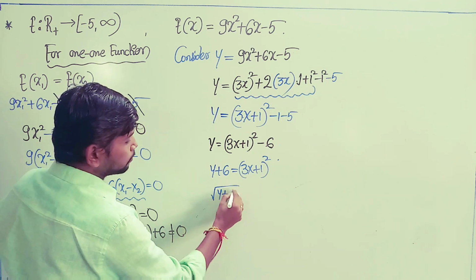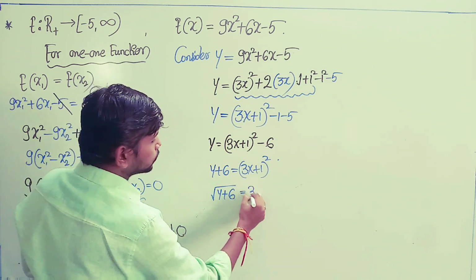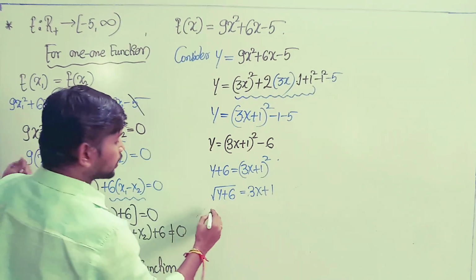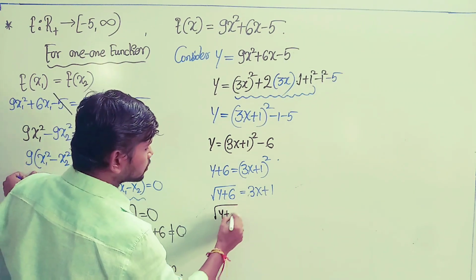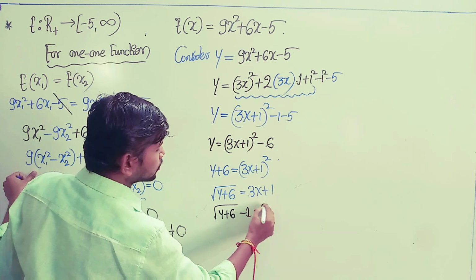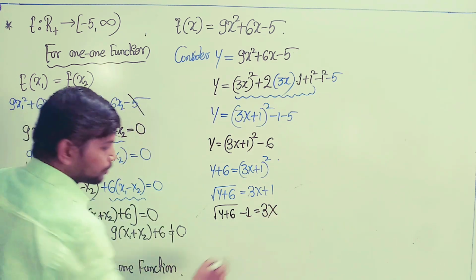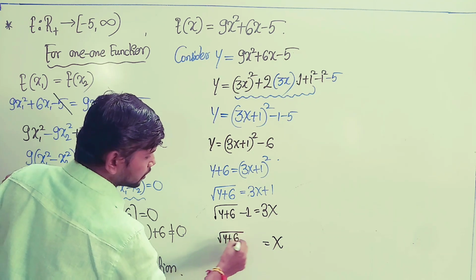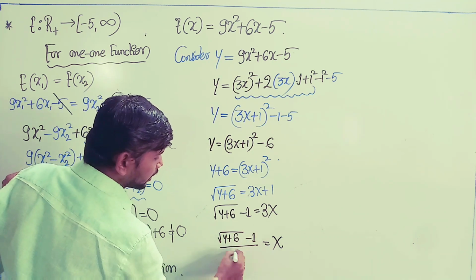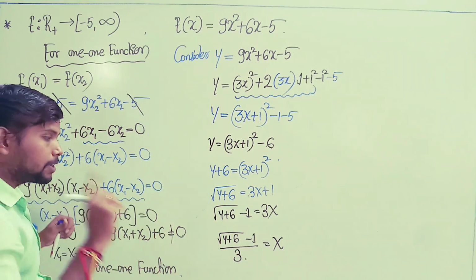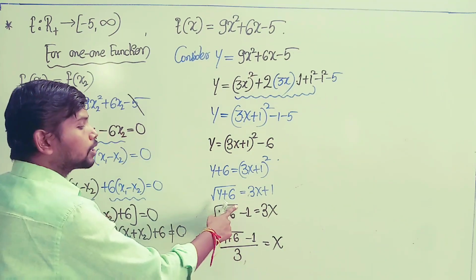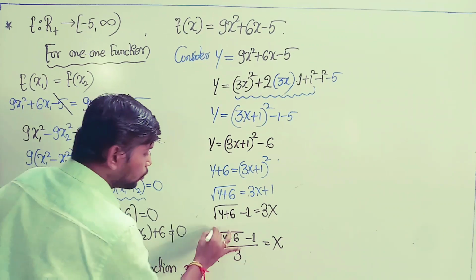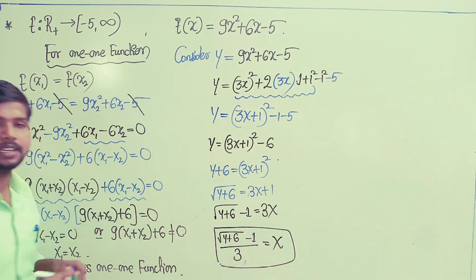Square root of y plus 6 is equal to 3x plus 1. Okay. Now 1 on the left hand side, square root of y plus 6 minus 1 is equal to 3x. Now what is the x value now? Square root of y plus 6 minus 1 divided by 3. Many of the students make the mistake that they take this minus 1 under the square root. That is a wrong thing. You will lose your marks. This is our x value.